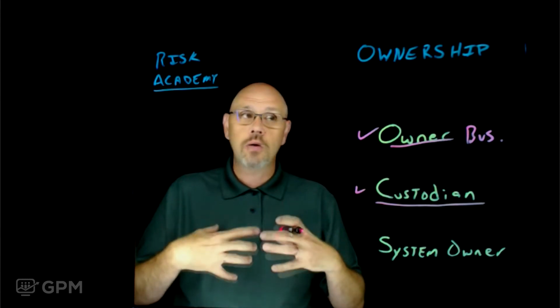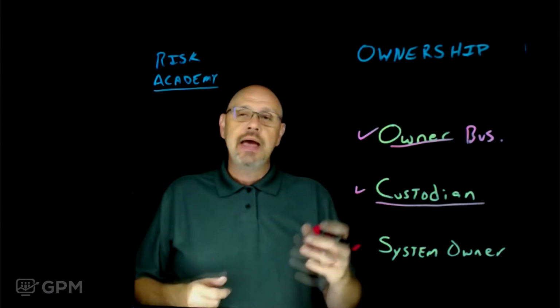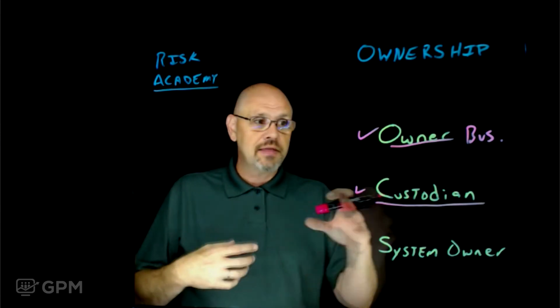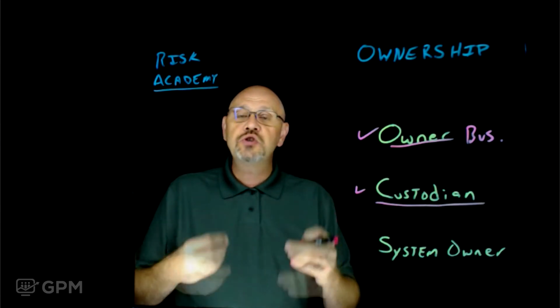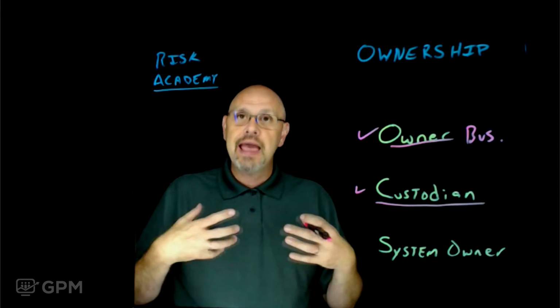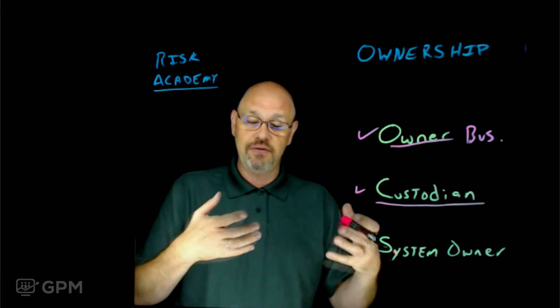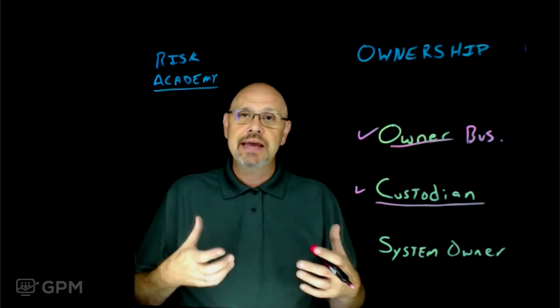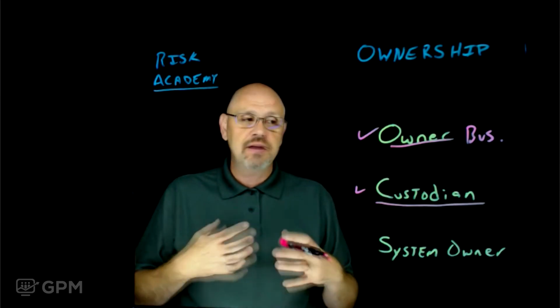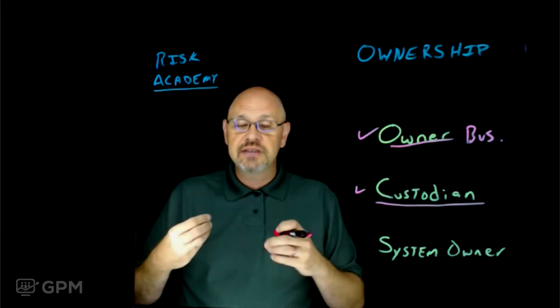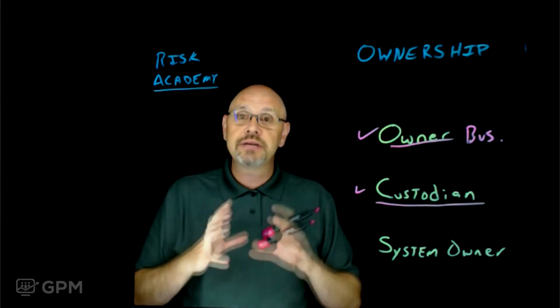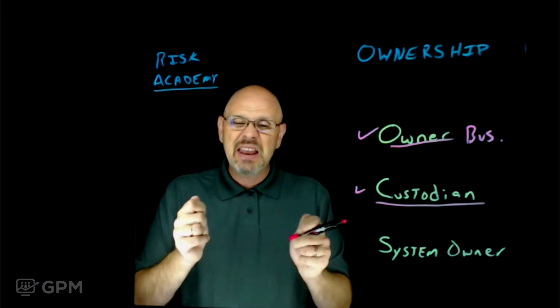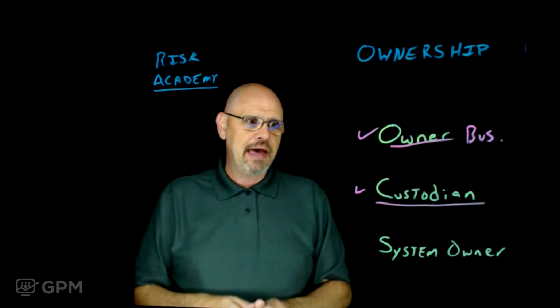You as the pet owner are telling them what to do. The pet sitter is the custodian. They are doing it for you. They're handling the care and feeding of your pet. The same way with data. You tell IT what to do, and they then put it on their systems, and they manage it and maintain it and protect it the way you want them to. Those HIPAA rules are really good for that.